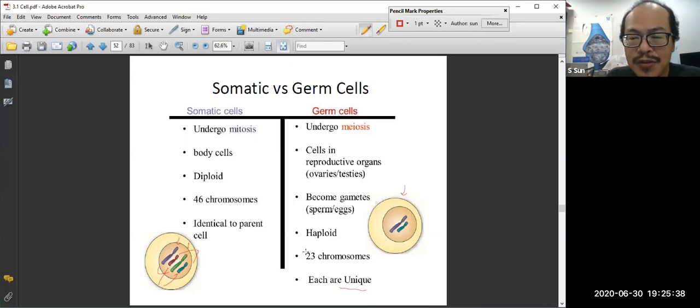In the somatic cells, the chromosome number is 23 pairs. So like this one here, that is one pair, that is another pair.